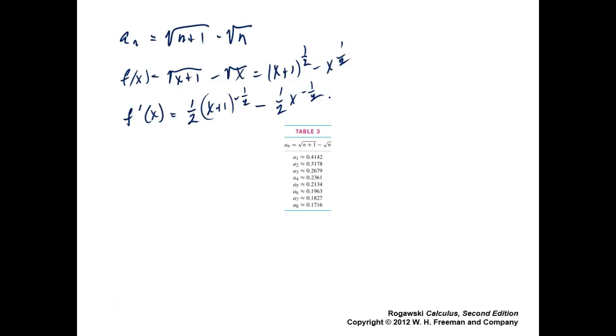Now, that would be 1/2 times 1 over the square root of x plus 1 minus 1 over the square root of x. That's still, there's still something wrong here.